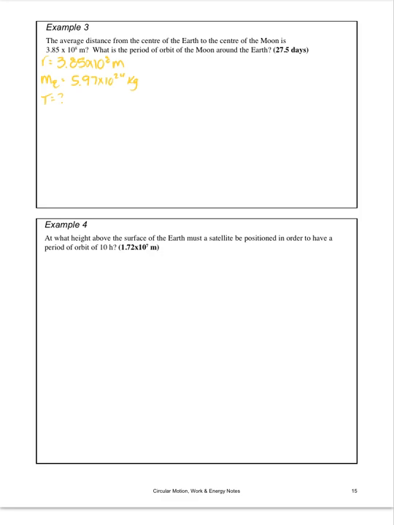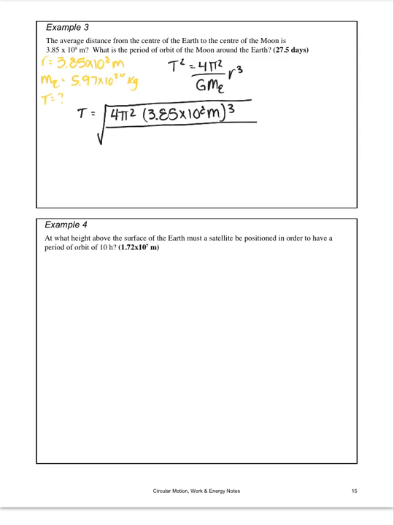Okay, so using our formula from our previous page here, T squared equals 4 pi squared over G, mass of the Earth, radius cubed. So T is equal to the square root of 4 pi squared and the radius cubed, so 3.85 cubed all over 6.67 times 10 to the negative 11 times 5.97 times 10 to the 24 kilograms.